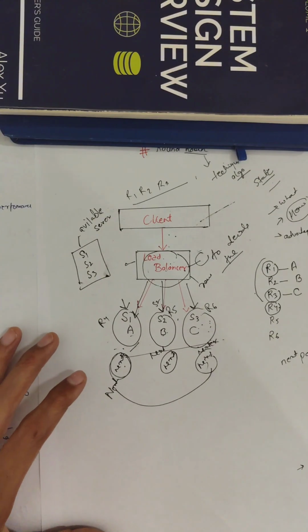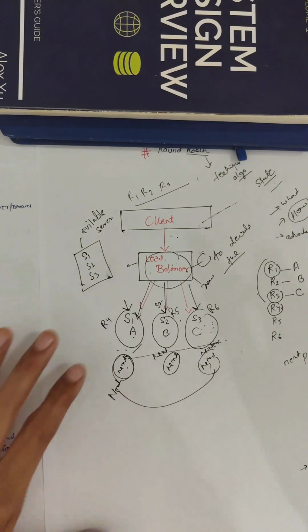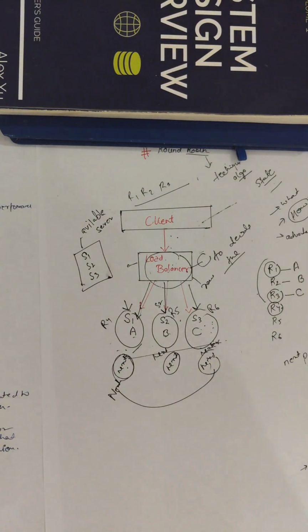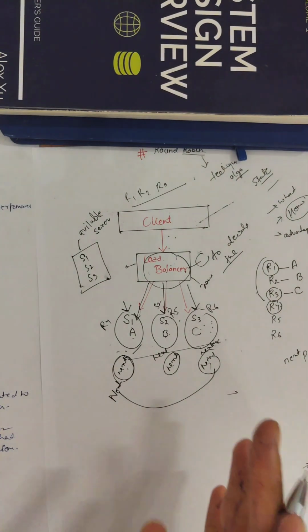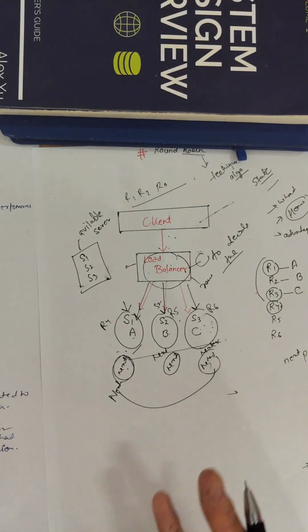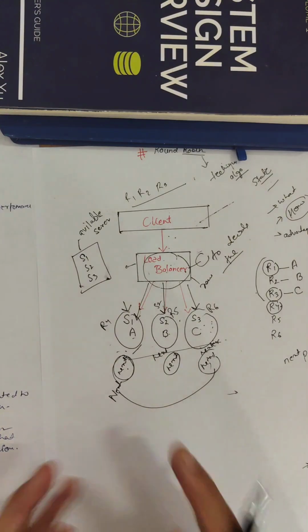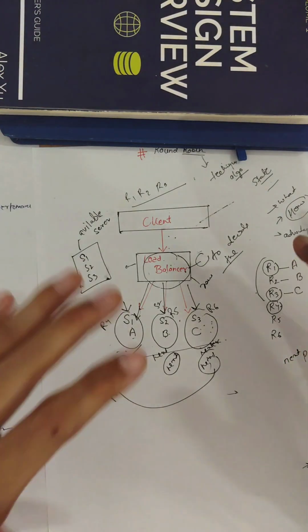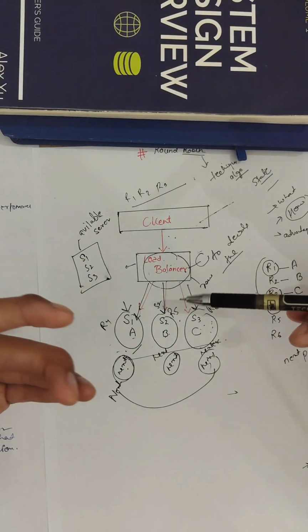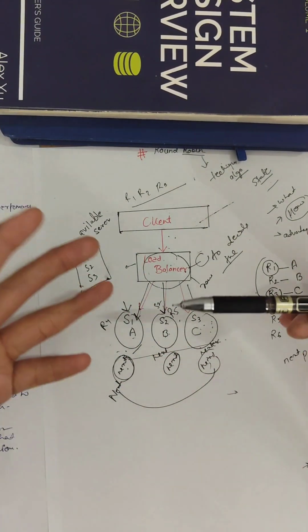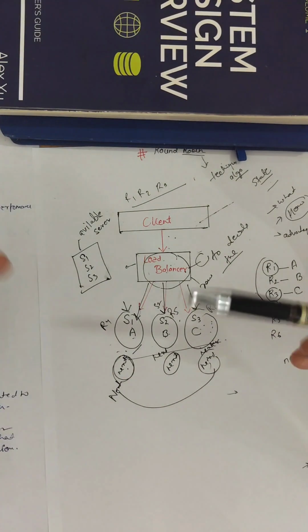Now moving on to the advantages of using the round robin technique. The very first advantage is that it is the simplest algorithm to apply or configure in a load balancer. Why simple? Because you don't need to do complex calculations, and you don't need to monitor the requests or the servers.